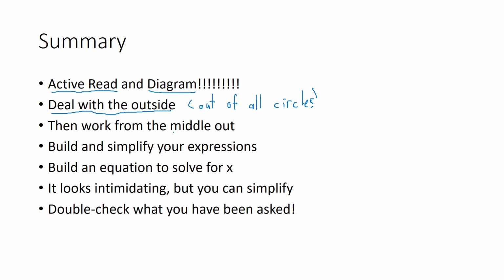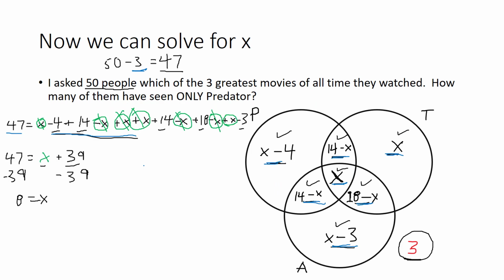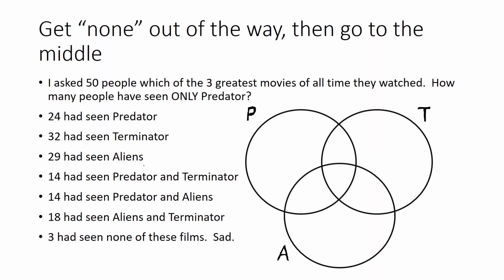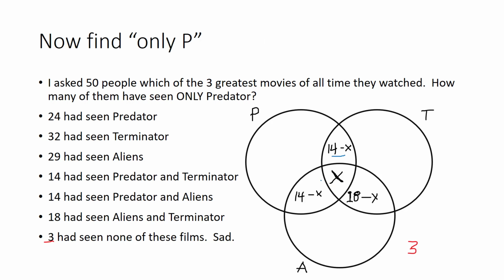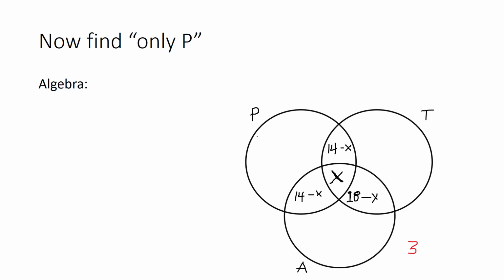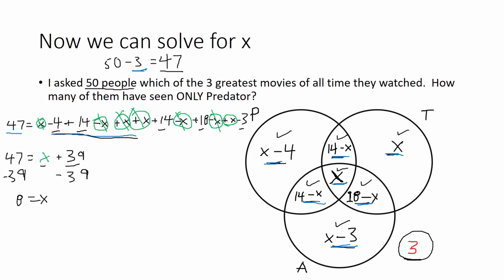Then you have to work your way from the middle out. Just jumping back. So we found, or made our value in the middle, the intersection of all 3 of these sets, x. And then we worked into these sectors, those who had seen 2 of these films, and then we worked our algebra to find the sectors of people who had seen only 1 film.